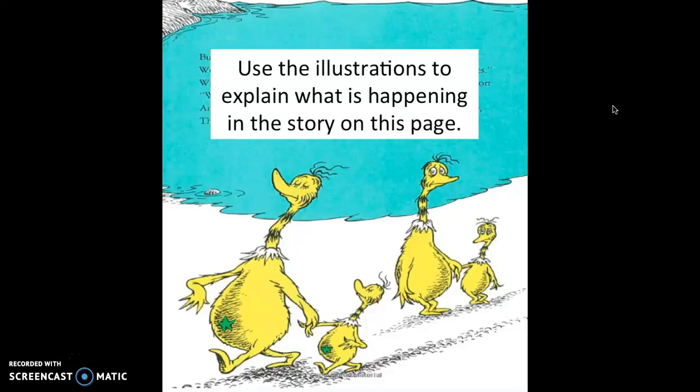In fact, it looks as if they have walked right past the Sneetches without the stars, and it looks like the Sneetches that have no stars on their bellies are feeling very, very, very sad. I told that information only from what I could see in the illustration because I did not read any of the words on that page.